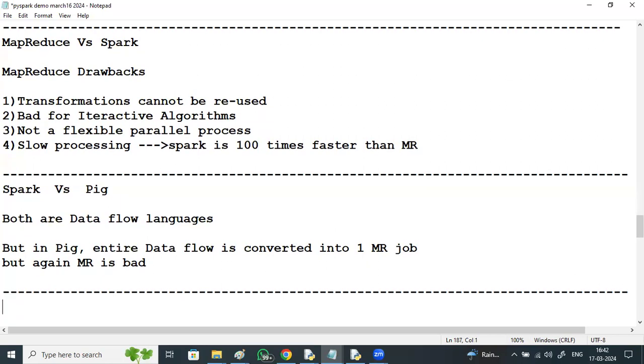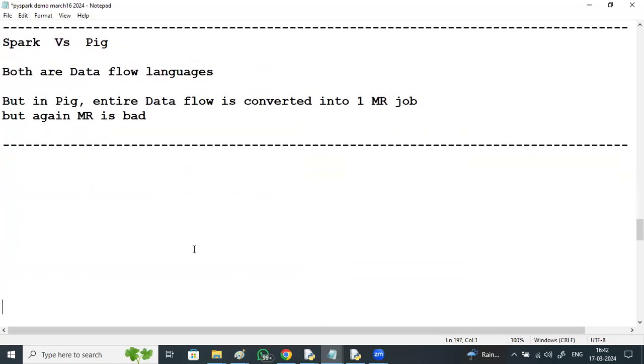Okay. So from these differences, what have we seen with different technologies, right? Now try to say the PySpark features and advantages. What is the advantage that we have got as compared with Pig?